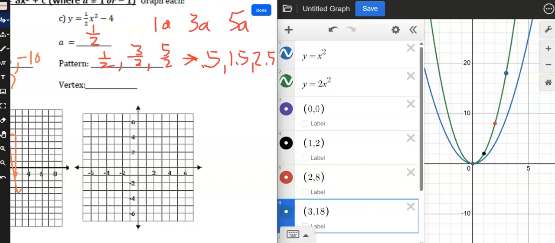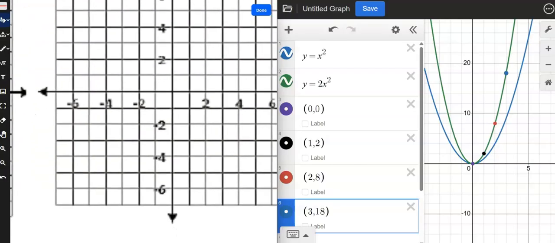It's probably going to be easier on the graph if you do it that way too. Now, it has not been shifted left or right, but it has been shifted down 4. So we know that we're starting at 0, -4.